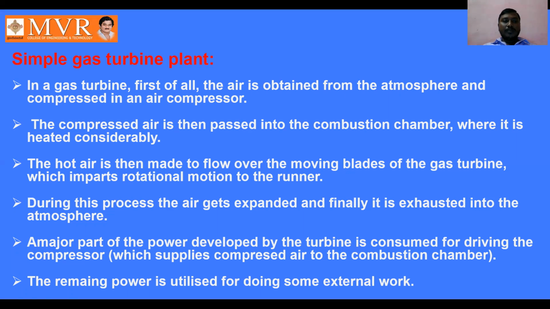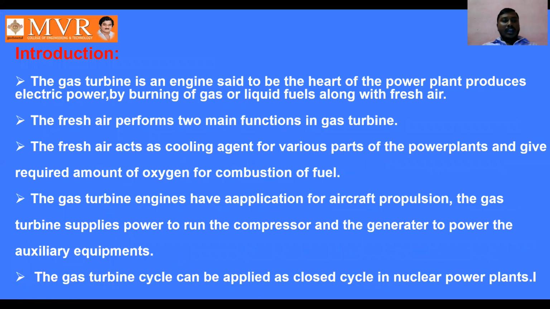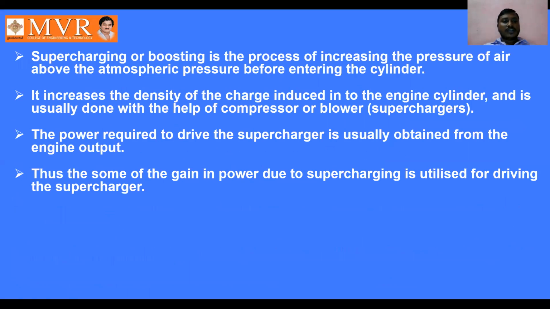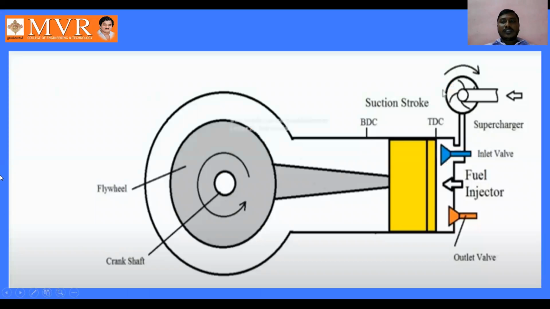This is about the simple gas turbine plant, and I hope you have understood about the gas turbine plant as well as the supercharging. Once again I can explain about supercharging: the supercharger is used to force the air into the engine cylinder.